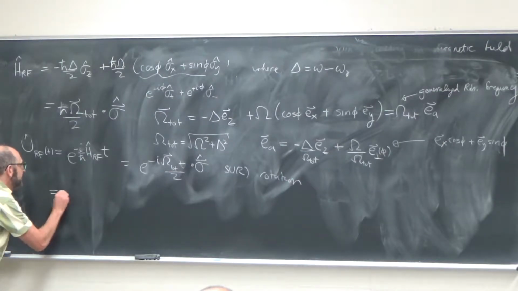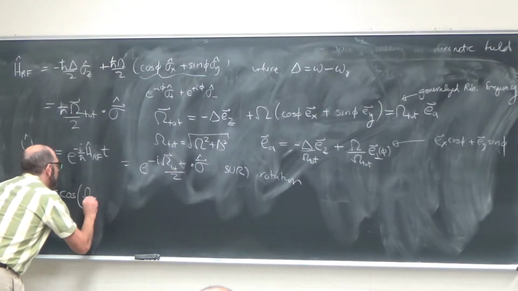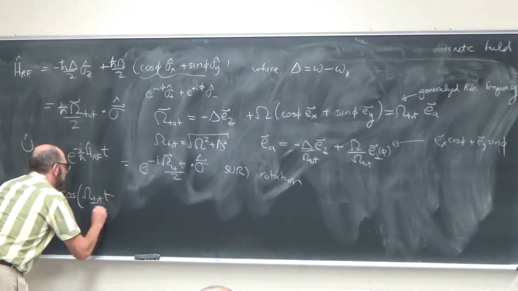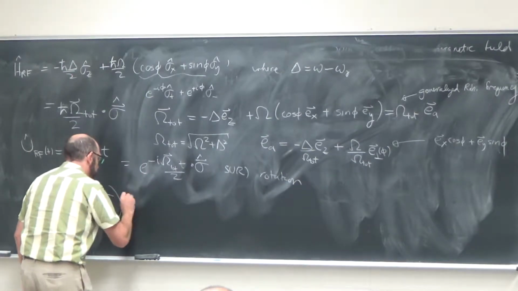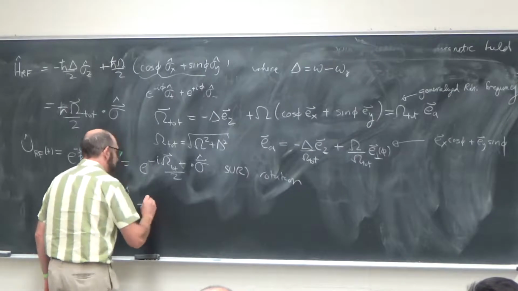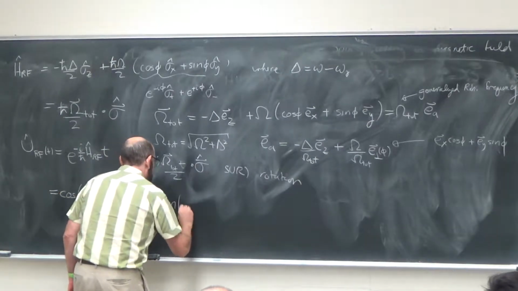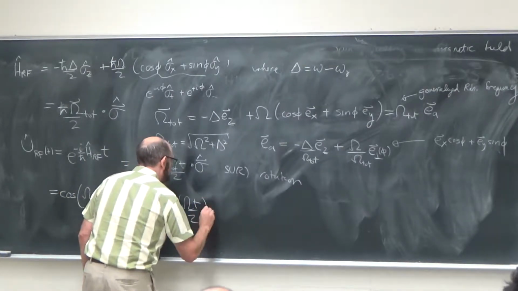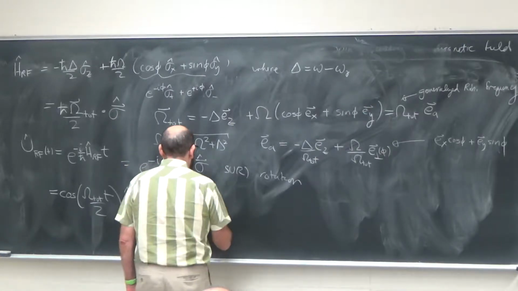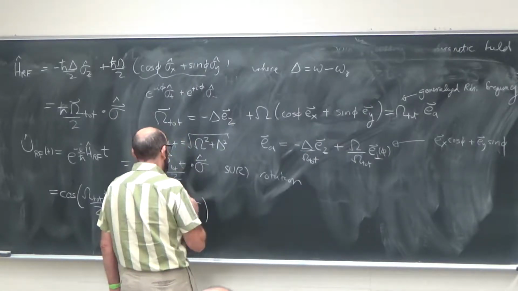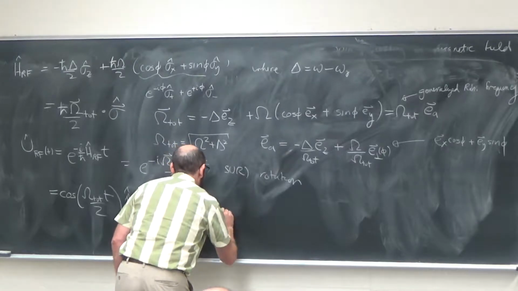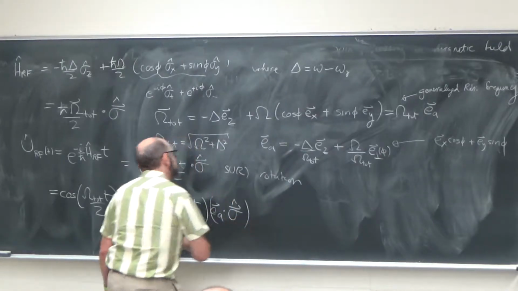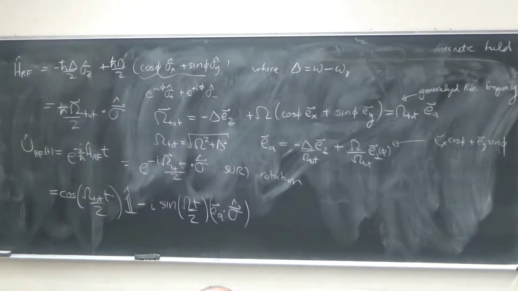And this has the form cosine of the Rabi frequency times time over 2 times the identity minus i sine of omega t over 2 times the direction dotted into sigma. Right? For any rotation on a spin 1/2 particle, my rotation operator has this form.